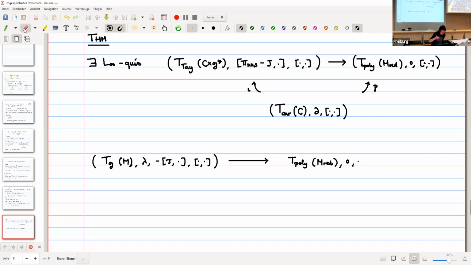What is this? Zero differential and Schouten bracket. That's what we want to construct. And then I can construct this vertical arrow that goes to T Taylor, right? And this is preserving the curvature, preserving the differential, and the bracket. So far, so good.